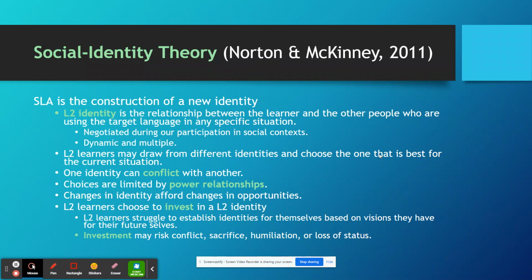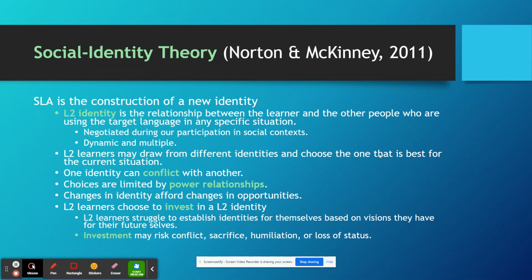Norton believed that learners choose to create L2 identities in part because they want those opportunities. She refers to this as investment. In other words, you choose to invest the time and energy to learn the language because you think you're going to get something out of it. But what you're getting is a new identity, and that identity has maybe, let's say, more power or more opportunities, and that's attractive to you.